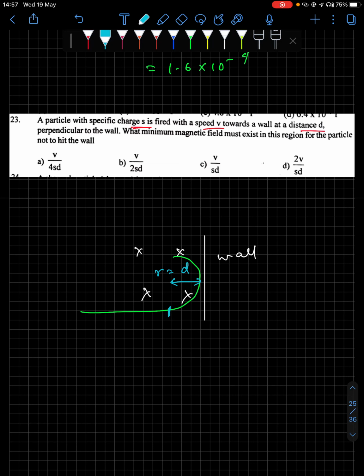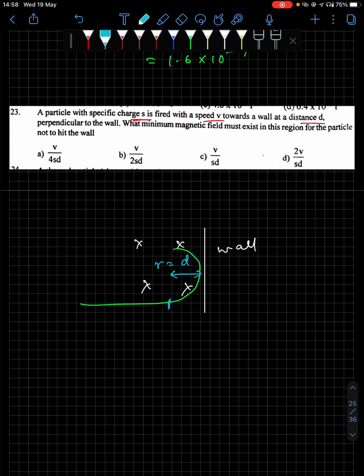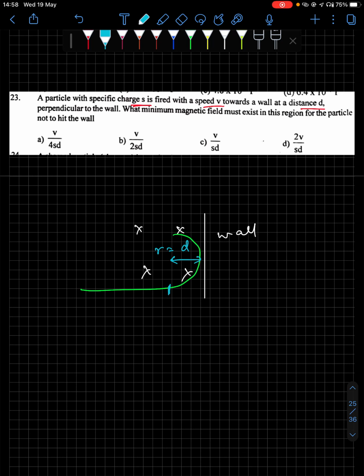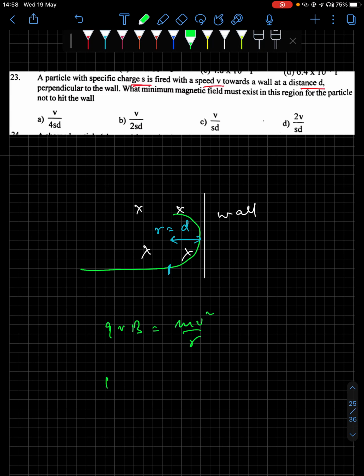The condition is that it should deviate in such a manner that it should not touch the wall. So now you can say that the centripetal force required will be provided by the magnetic force. So QVB equals mv square by r. Ultimately you need to find the minimum value of the magnetic field, B equals mv by qr.